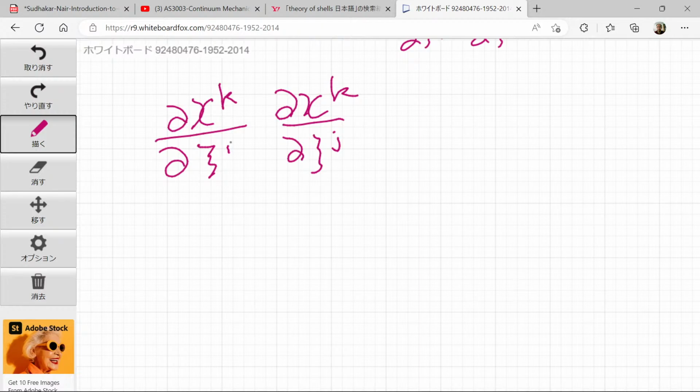So this can be written as this L ki, I think.